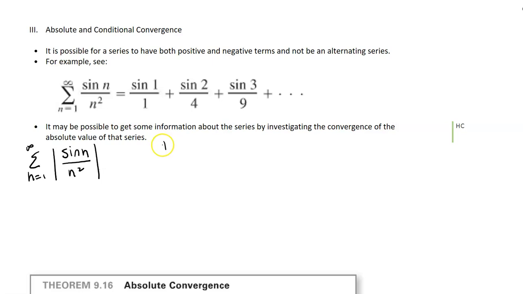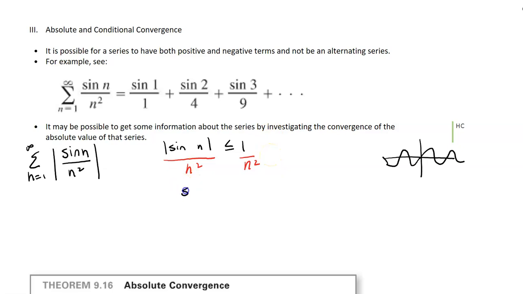The absolute value of the sine of n we know is less than or equal to 1, because if you remember, the graph of sine is never going to be less than -1 or greater than 1. From there, I can divide both sides by that positive n squared, and I get that the absolute value of the sine of n over n squared is less than or equal to 1 over n squared.